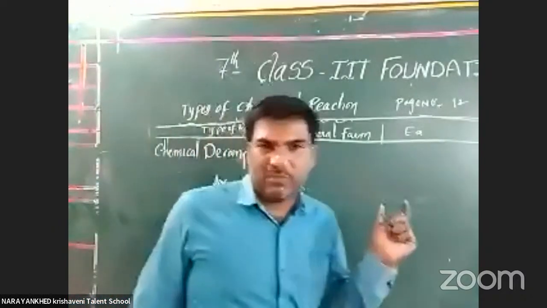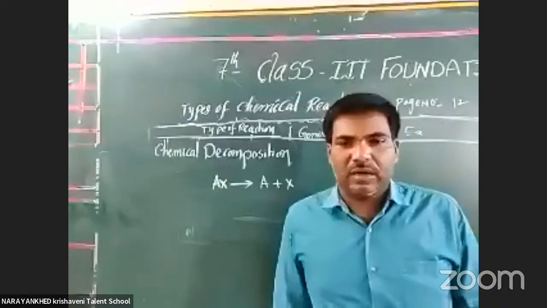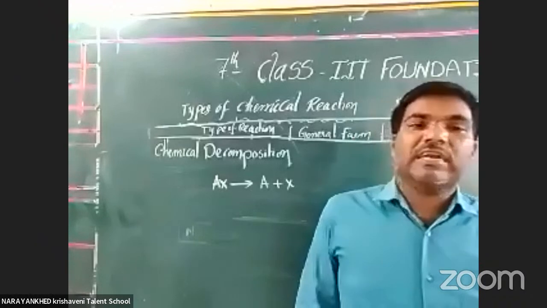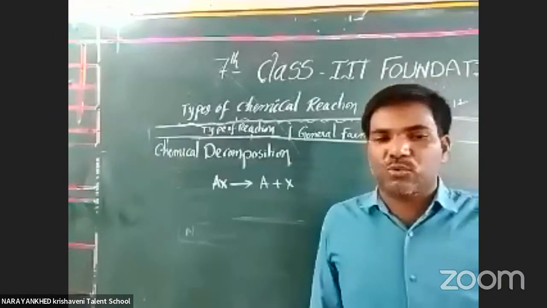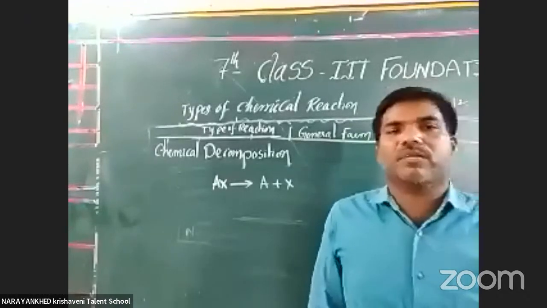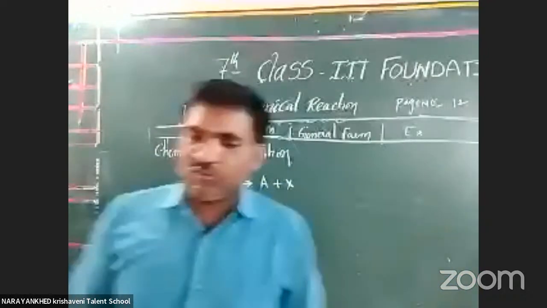When we take one chemical compound and supply some amount of heat or some other energy to it, it changes into two or more substances. That is called decomposition. Understand all of you?